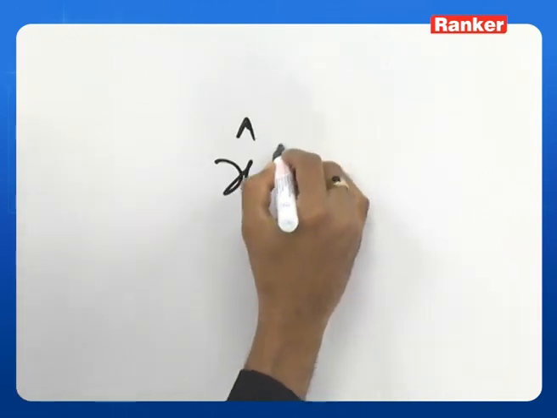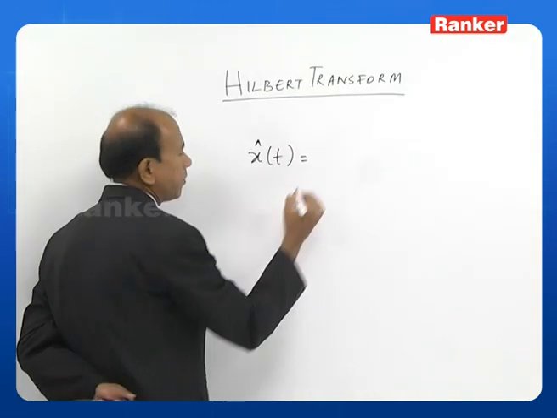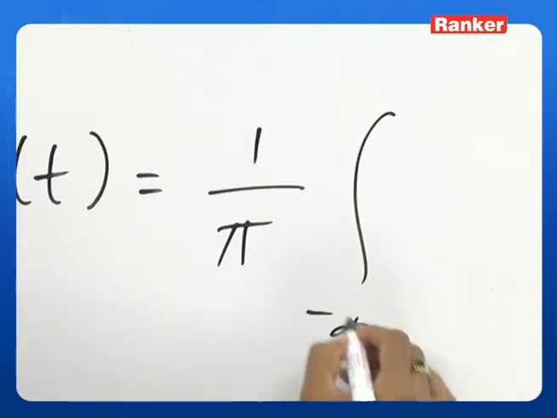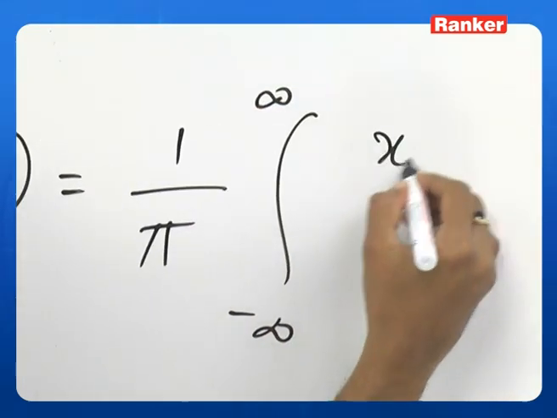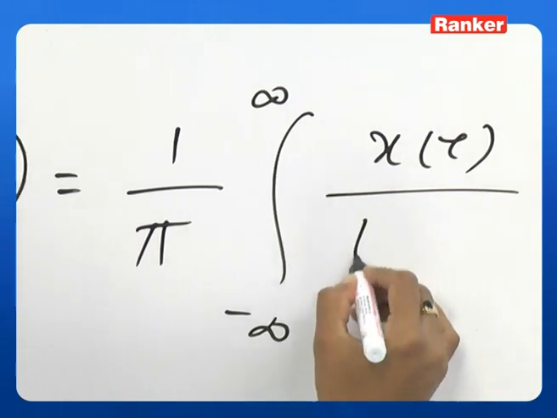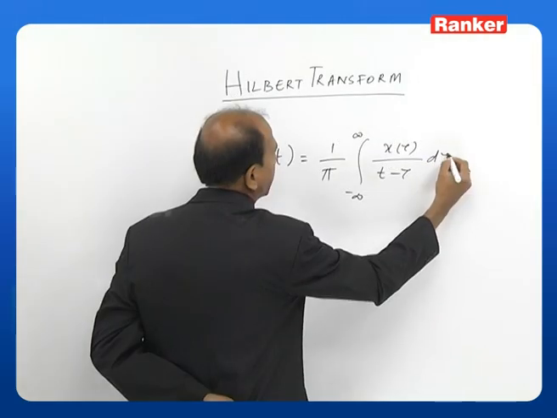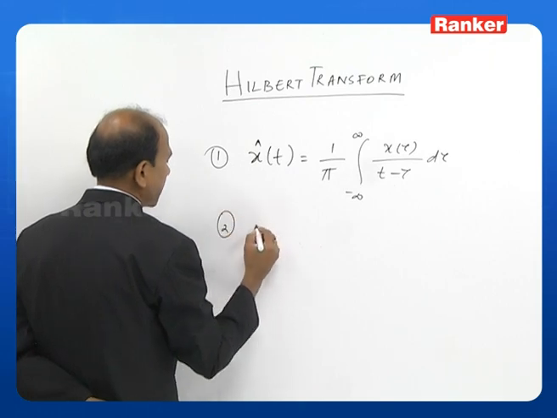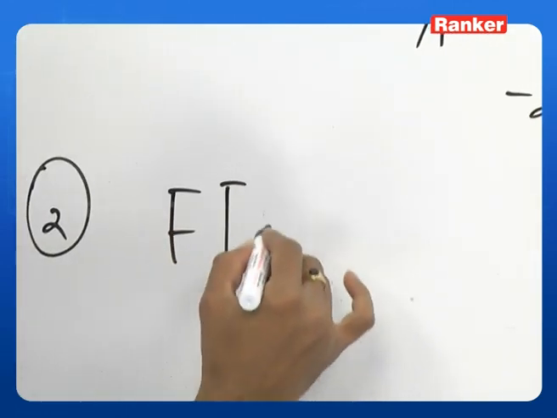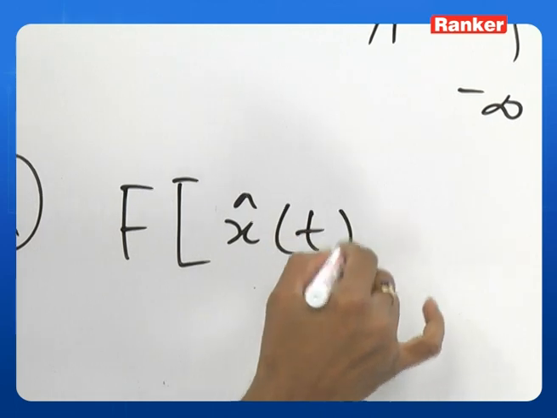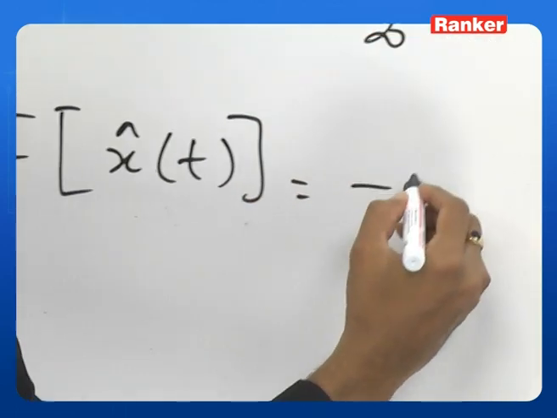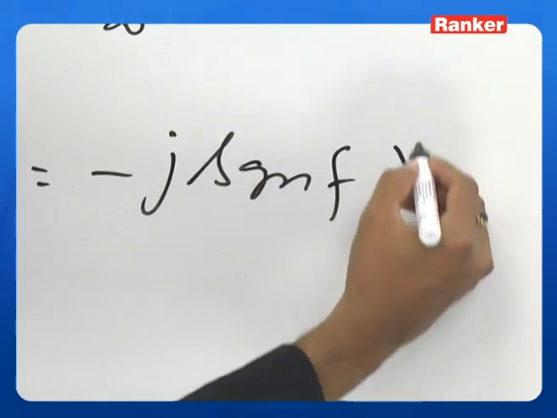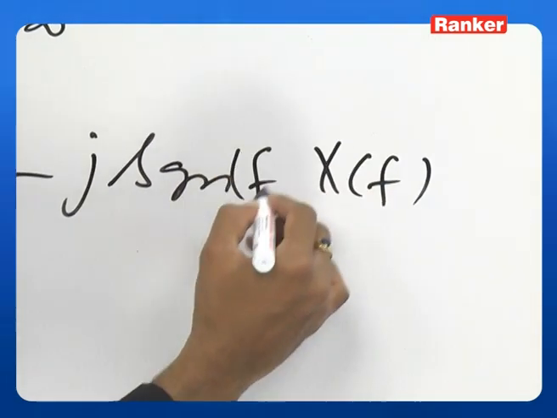x cap of t is given by 1 by pi integral from minus infinity to plus infinity x of tau by t minus tau d tau. Okay, and then the Fourier transform of x cap of t will be equal to minus j signum of f into X of f.